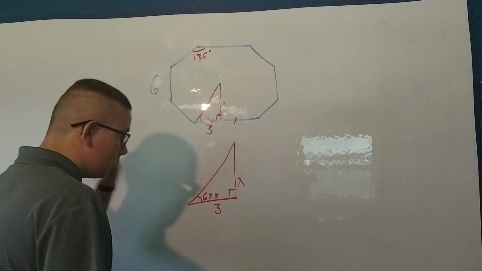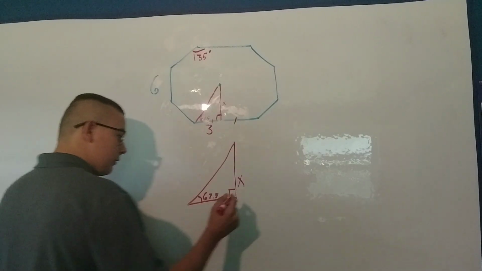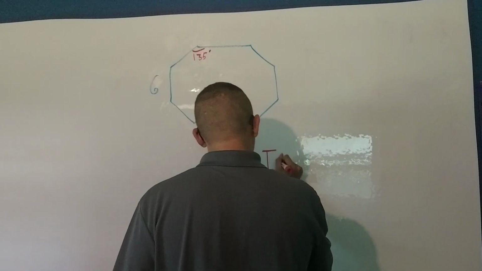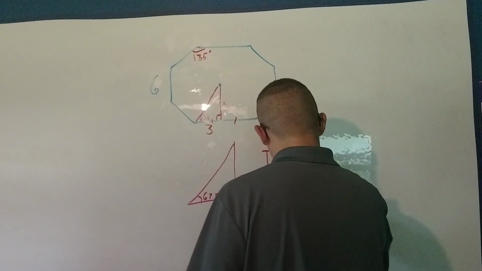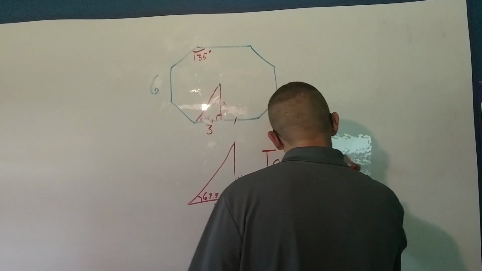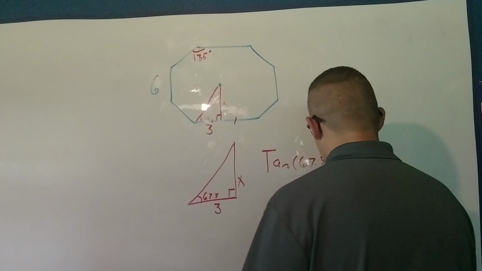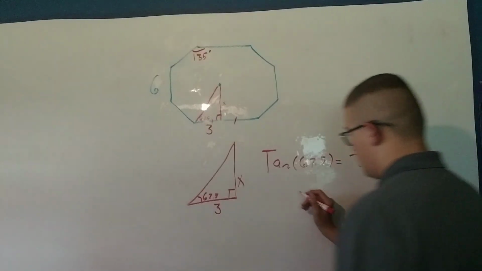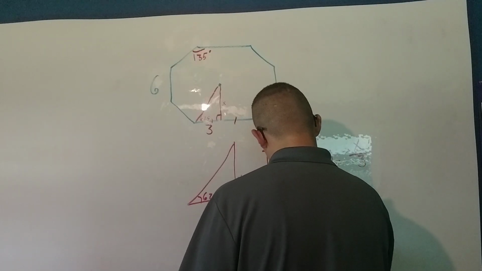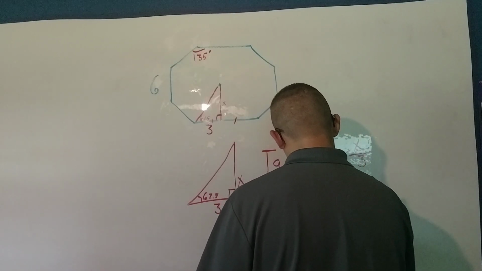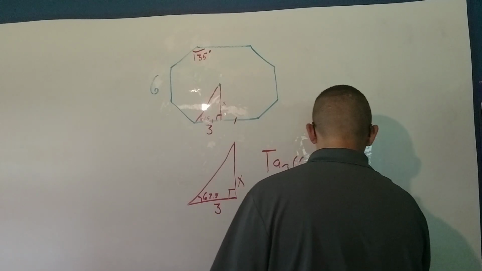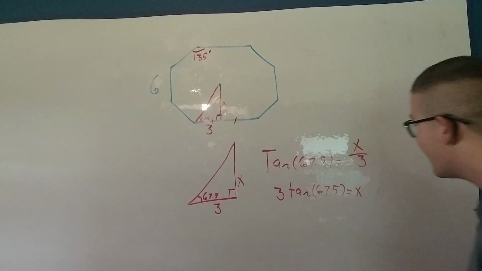Opposite over adjacent, we get x over 3. So we do the tangent of 67.5 equals x over 3. From there we just bring the 3 over. We do 3 times the tangent of 67.5 equals x.